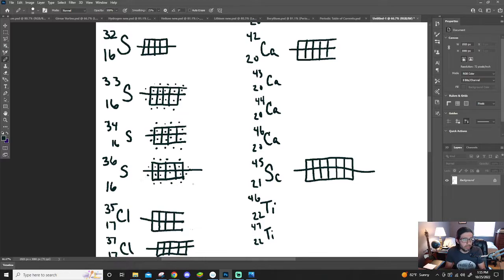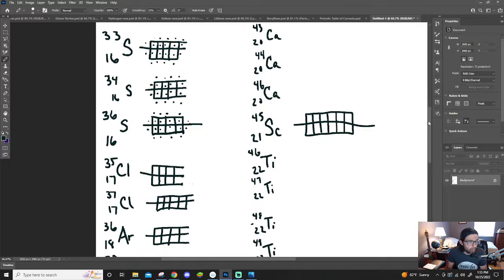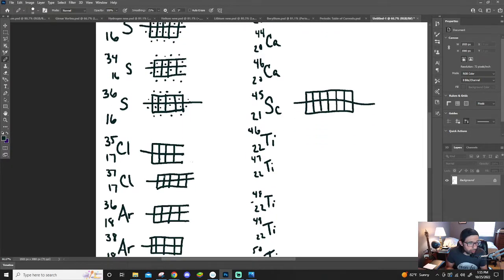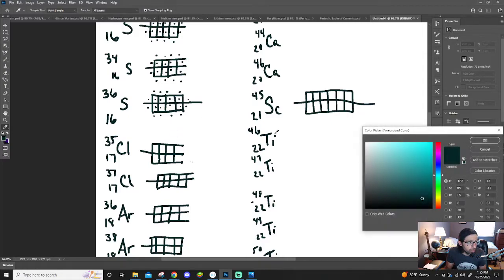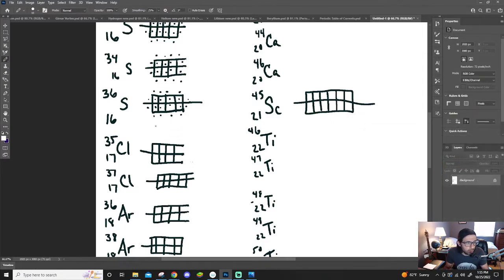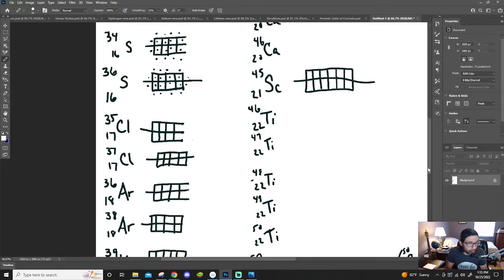Okay, that's better. And then this one needs to be 18, which is the same as that one. Okay. This one needs to be 20. So that's the same as that one. 18, same as that one. Okay, we're looking good.